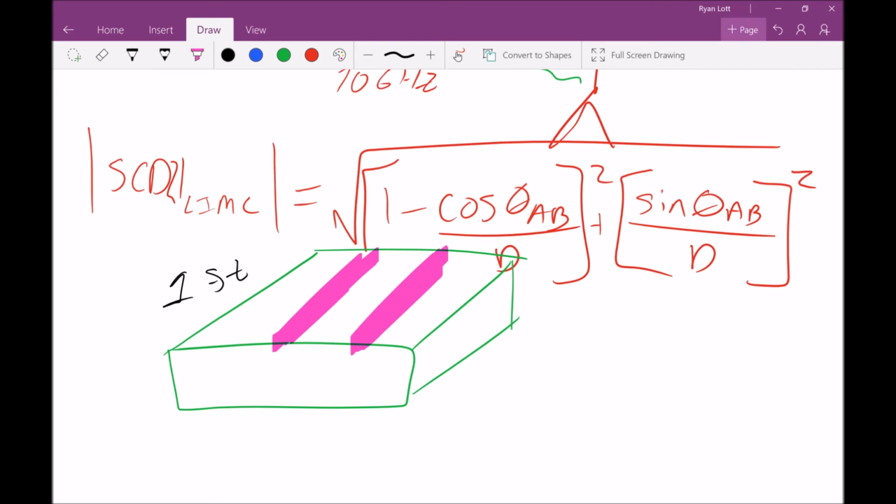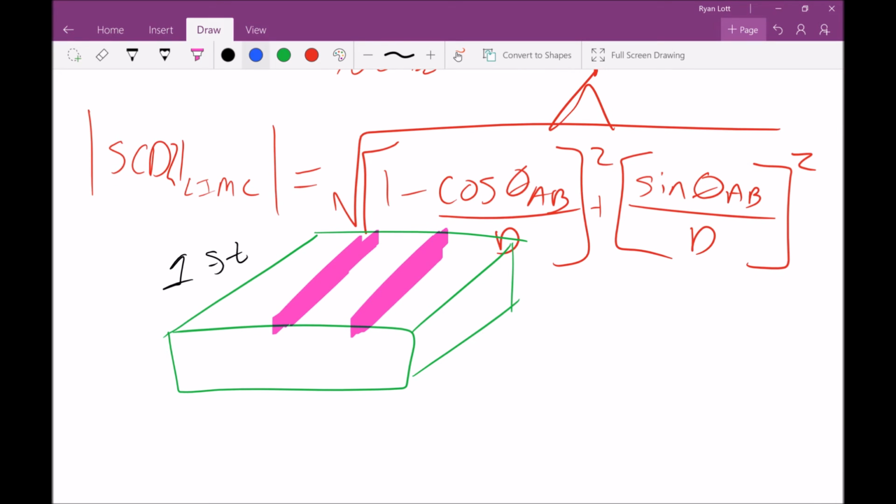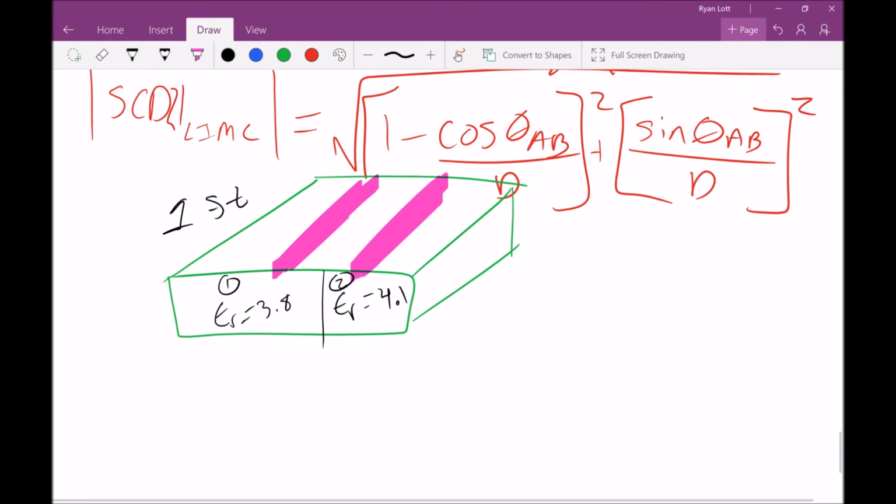Let's say that the copper traces have the exact same geometry, the exact same plating, they're identical. The only difference in this entire structure is that region 1 here has an epsilon of, let's say, 3.8, and region 2 has an epsilon of, let's just say, 4.1.